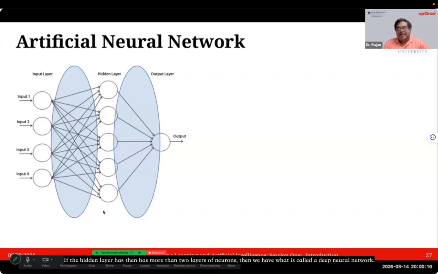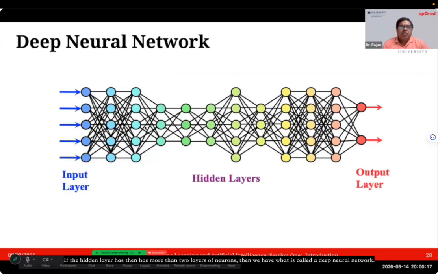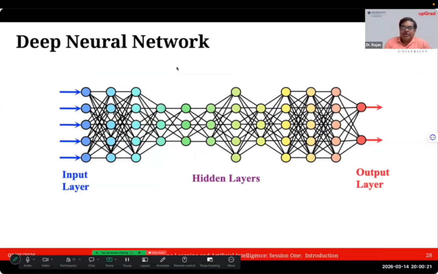If the hidden layer has more than 2 layers of neurons, then we have what is called a deep neural network. If it has 2 or 1 layer of neurons, then it is called a shallow network.